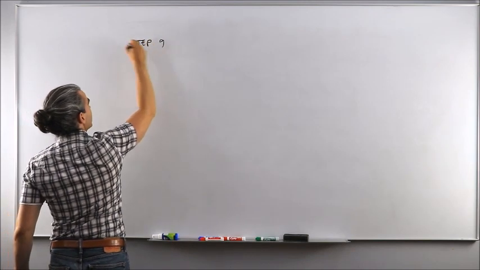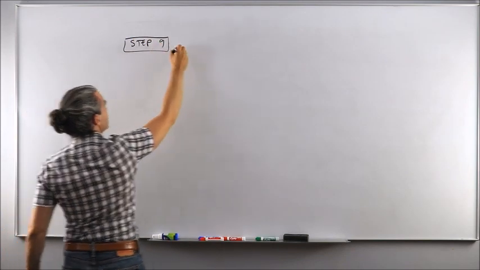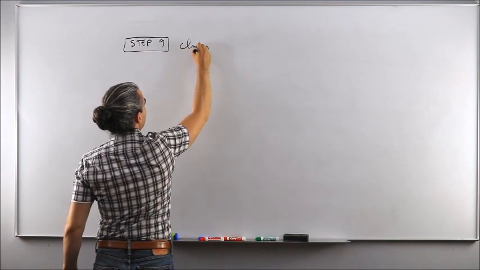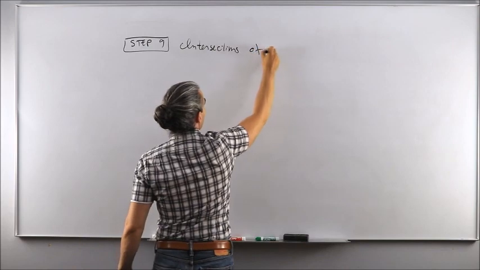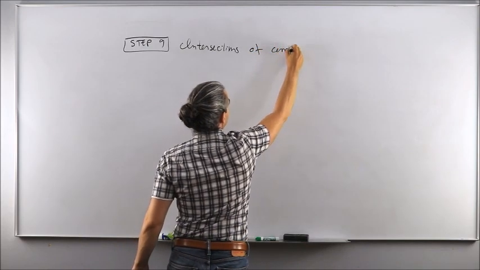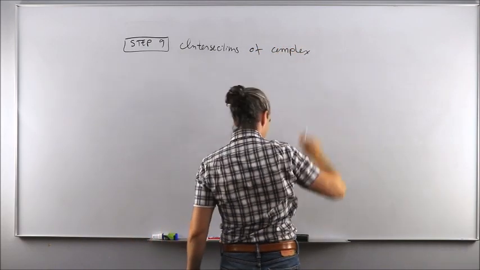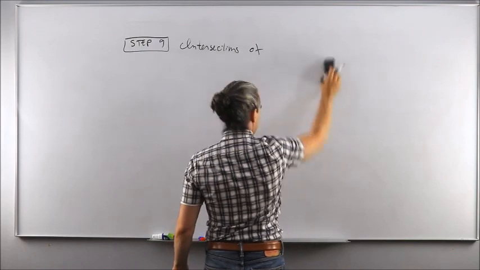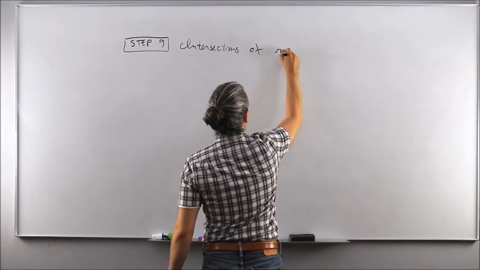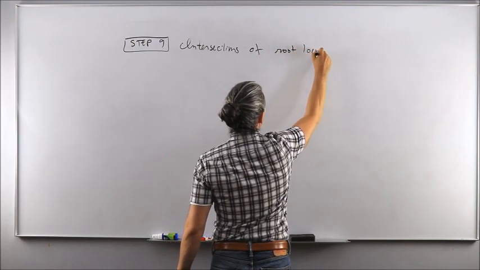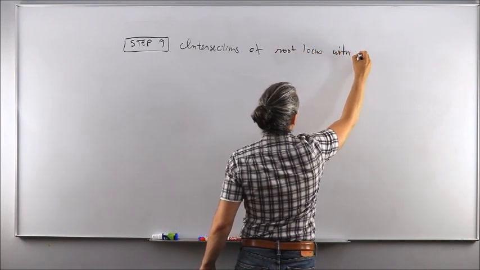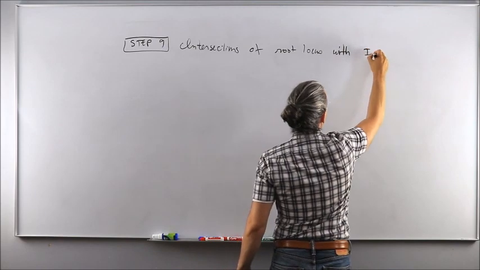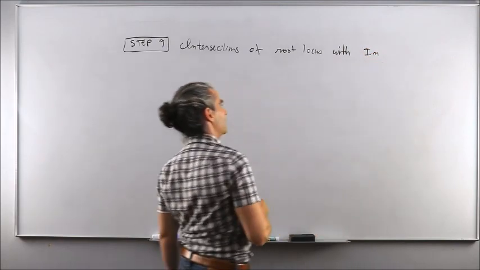So step 9 is going to be about intersections of the root locus with the imaginary axis of your complex plane.